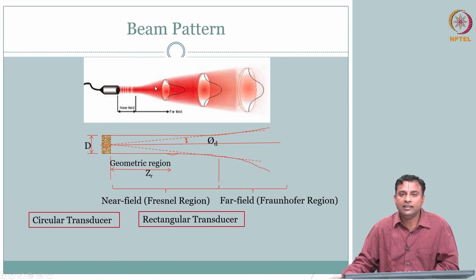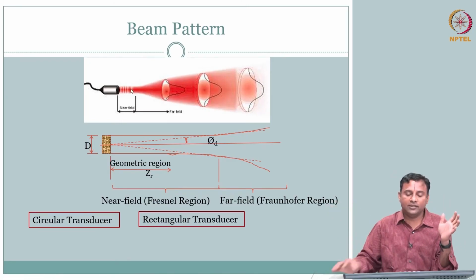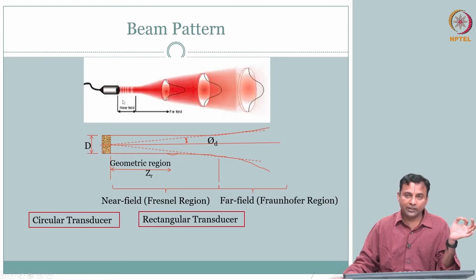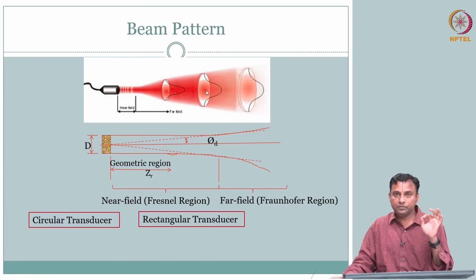You can clearly see, the idea is the farther you go from the transducer, the more diverging it becomes. So whether you are near to the transducer or far away from the transducer has an effect on the pressure field that each location is going to experience.